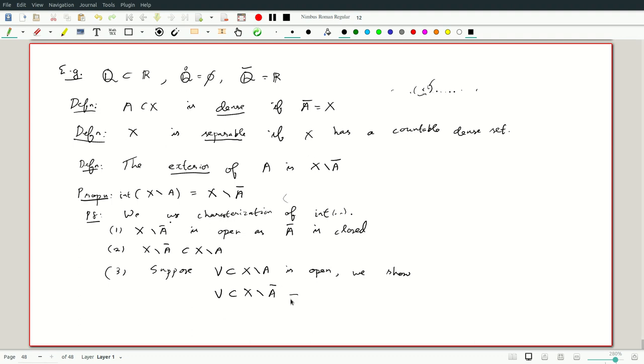Now note that this is equivalent to saying that V intersection A bar is empty, which is equivalent to saying A bar is contained in X minus V.